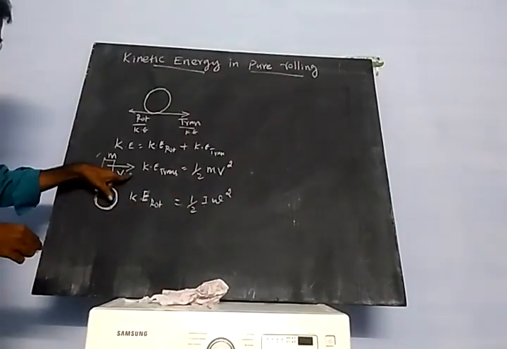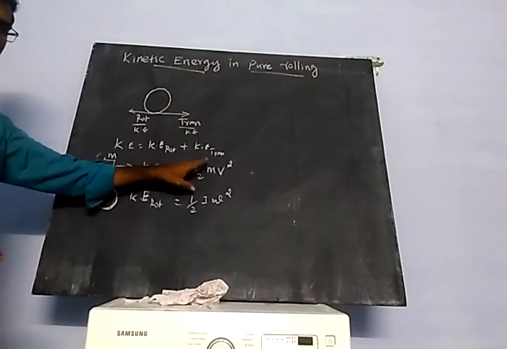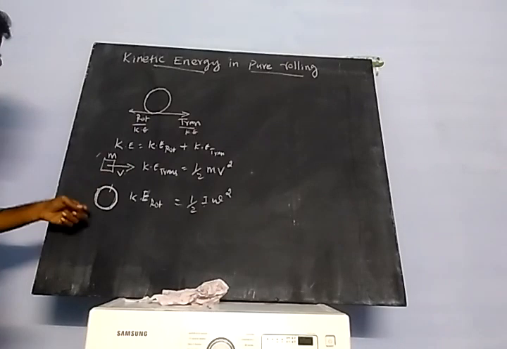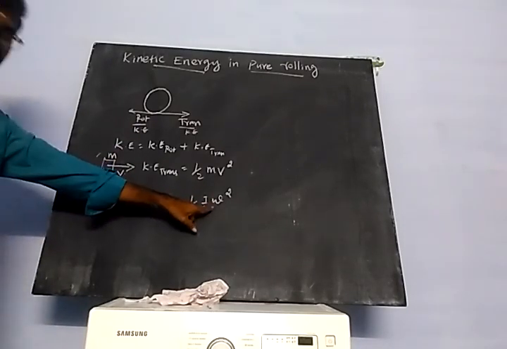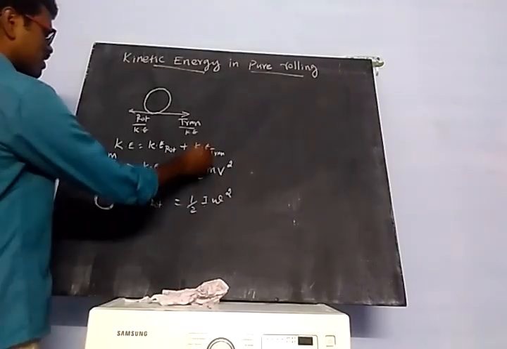In translational motion we have mass m and velocity v, but in rotational motion the mass term is I and the velocity is the angular velocity omega. Now you can substitute these values.